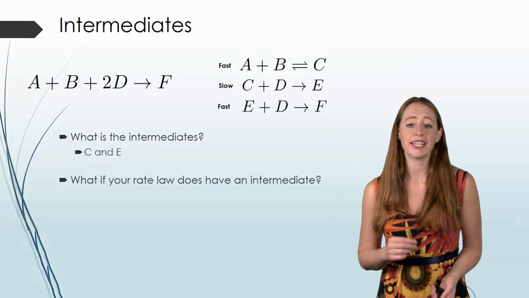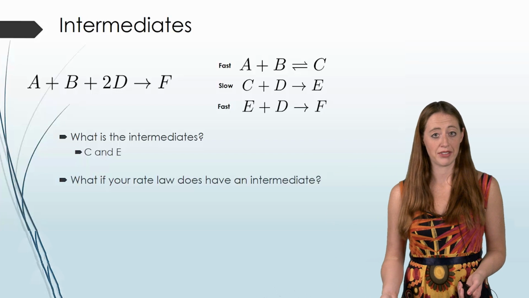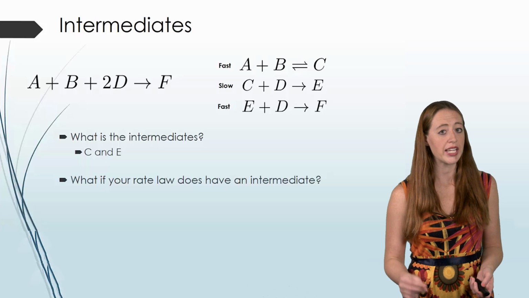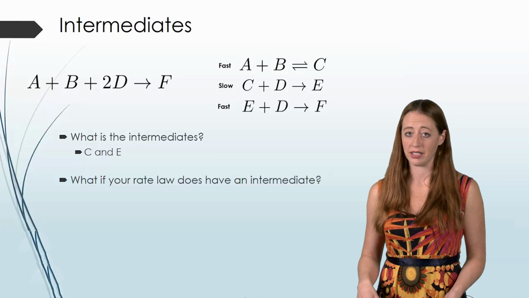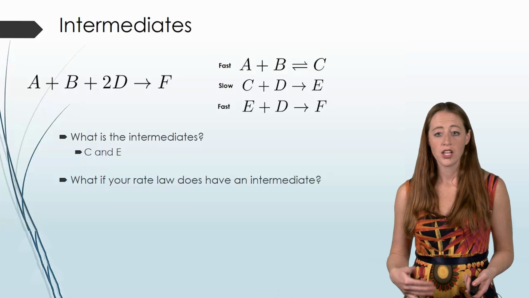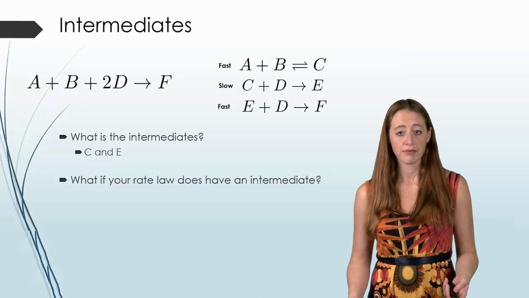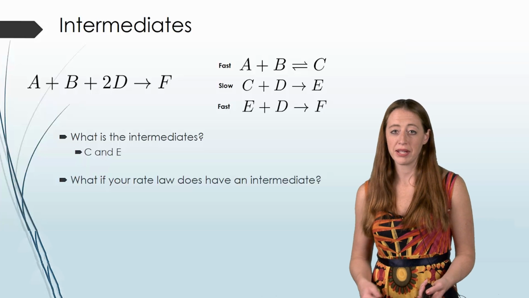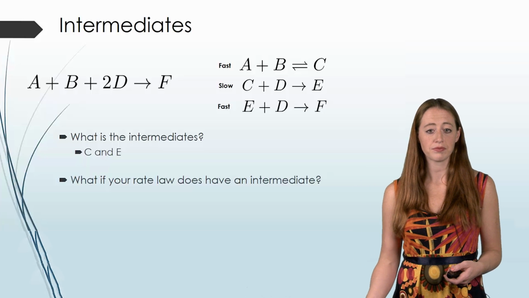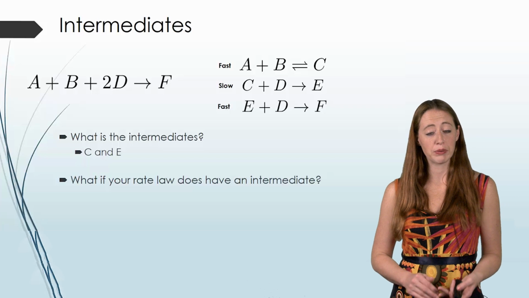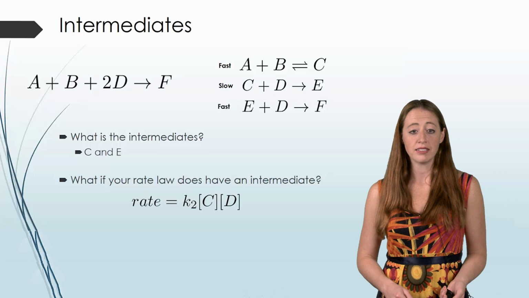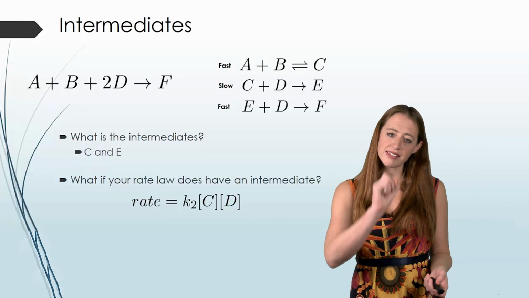Now let's look at what we can do if our rate law does have intermediates. Because if we write a rate law just like we did last time, we run into a problem. So let's look at our slow step. It's the second one. And we have C plus D goes to E. And so here, if we write our rate law, we end up with rate is equal to k2. And you may say, why is that little 2 there?